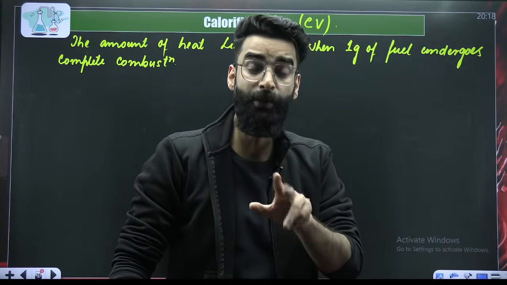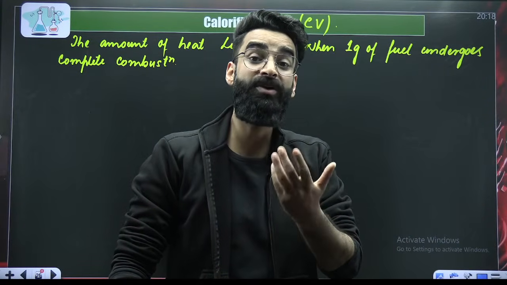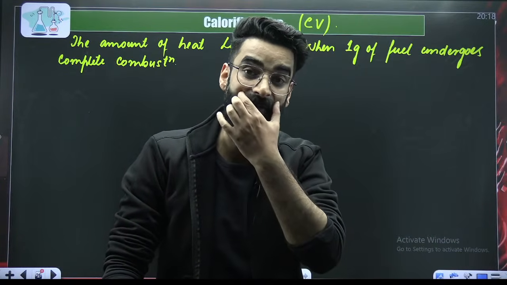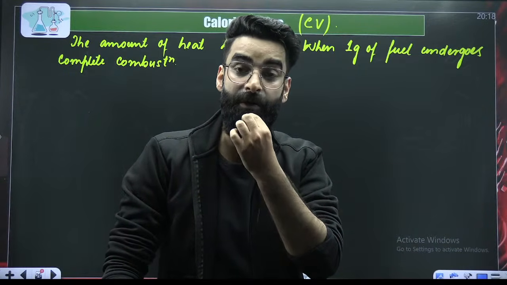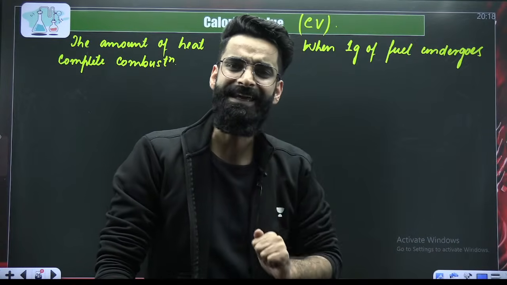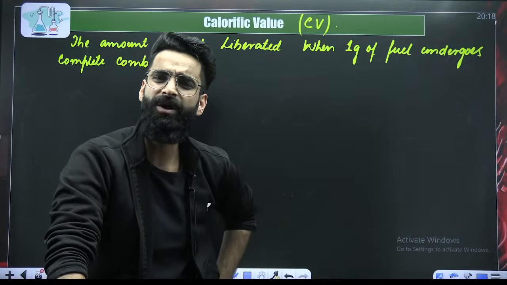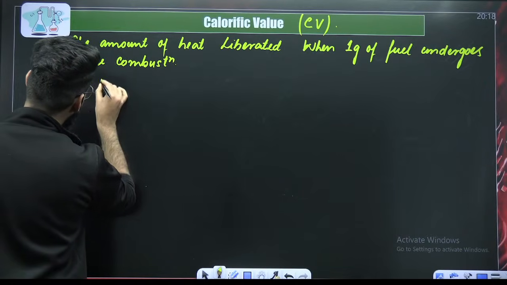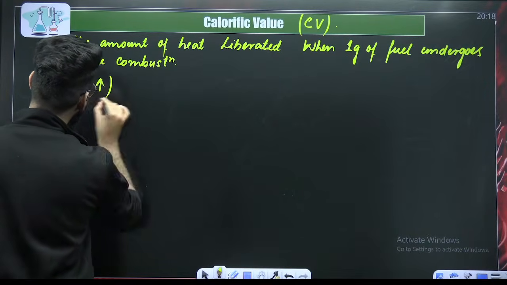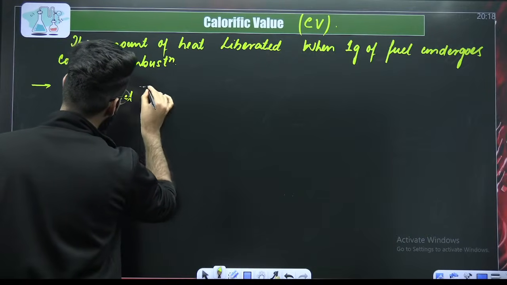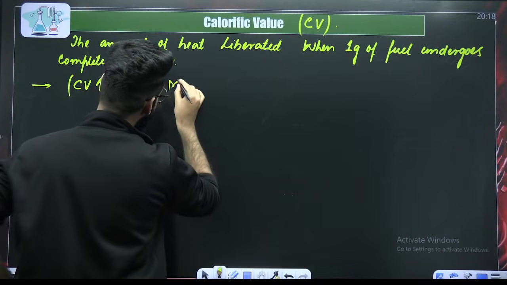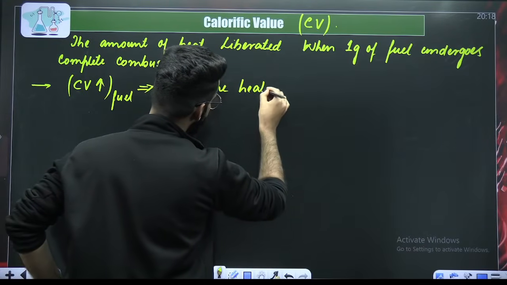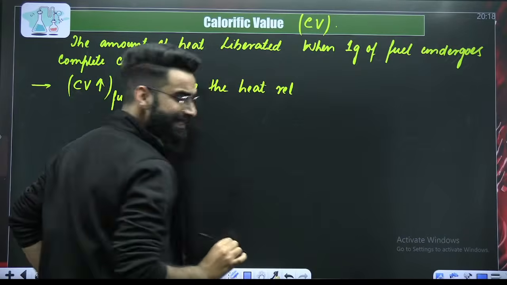When 1 gram of fuel undergoes combustion, the amount of heat released at that particular point of time is something which you call as calorific value. Can I say, more the calorific value of the fuel, more the heat released?